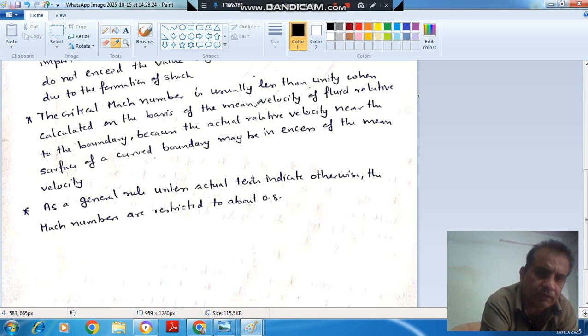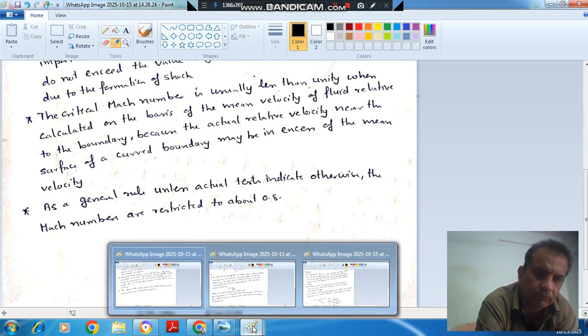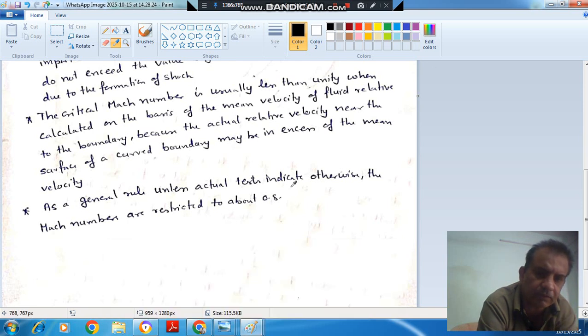As we studied in the first chapter on flow regimes, if the free-stream Mach number is less than 0.8, then the Mach number will not exceed 1 within the compressor. That is the general rule. So this is your compressibility effect.